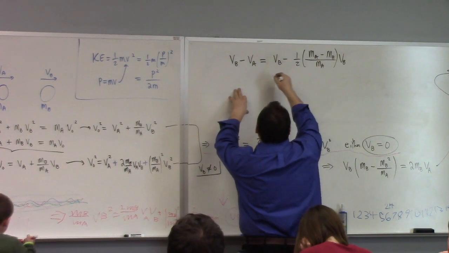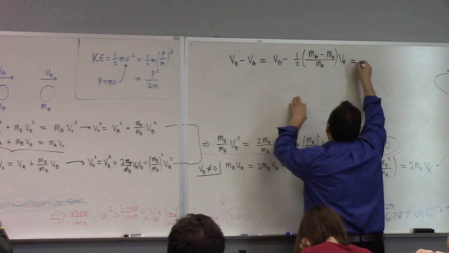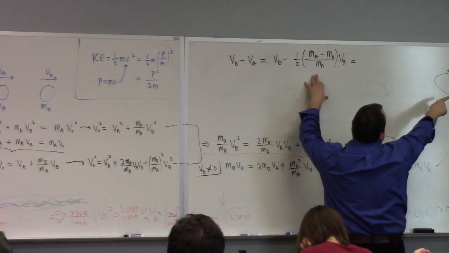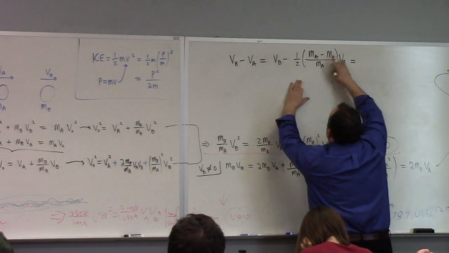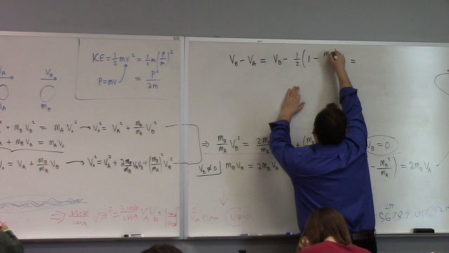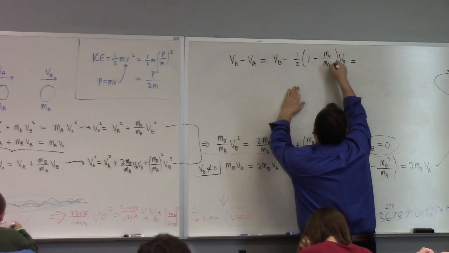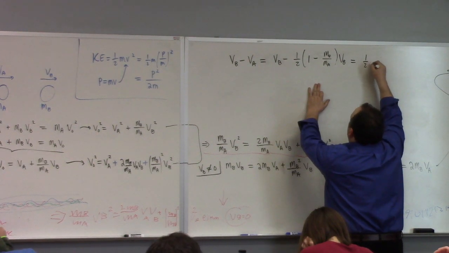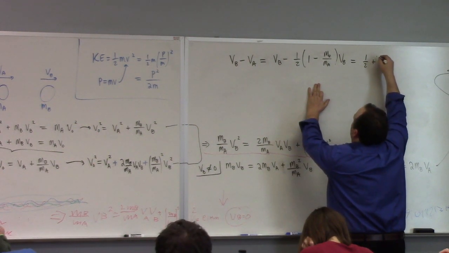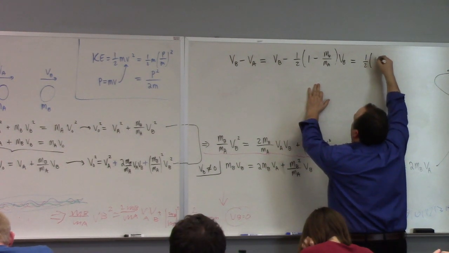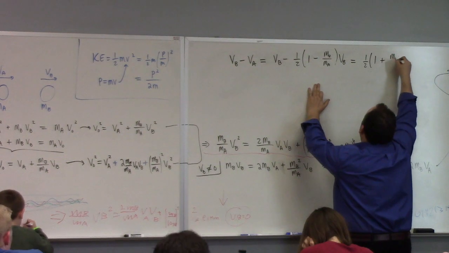VB minus VA equals 1 minus that. I probably should go back to 1 minus, probably easier to see that way. So that's actually 1/2 plus, yeah, right, my bad. 1/2 of 1 plus MB over MA, right?